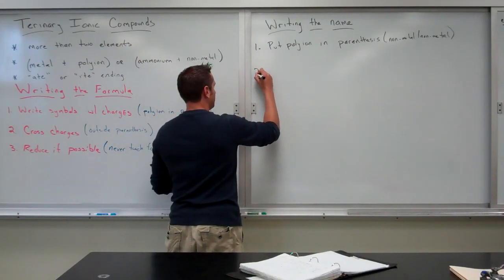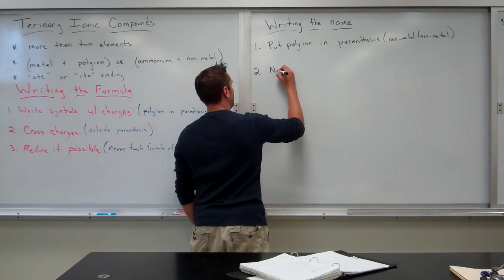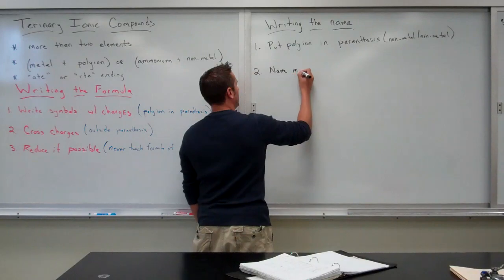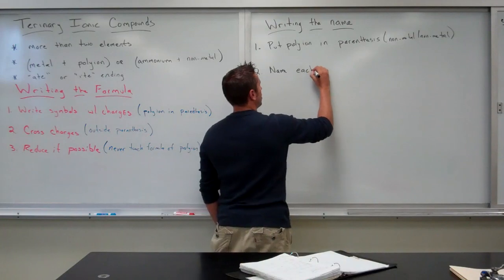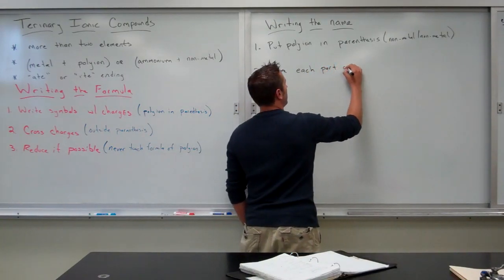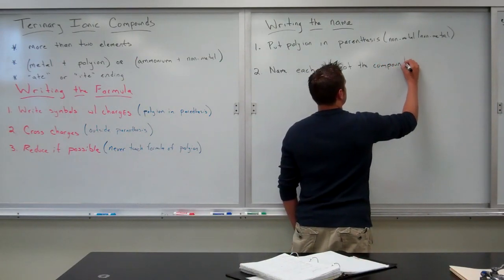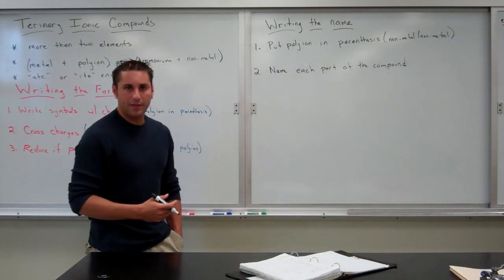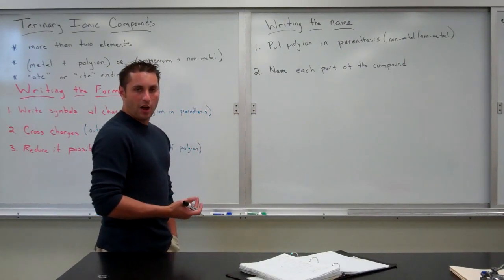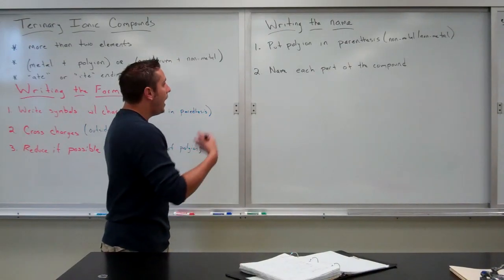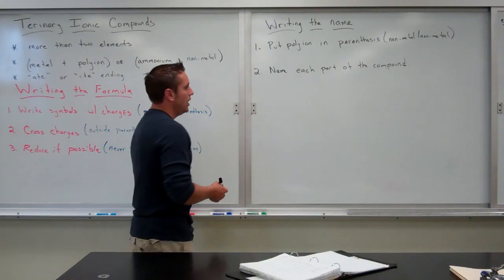Step 2 is we name the metal, or we'll say, let's name each part of the compound. So you name the non-parenthesis part and then the parenthesis part. One of them is going to be just like off the periodic table, which is usually the metal, and then the other is going to be identical to what you see on your polyion sheet.